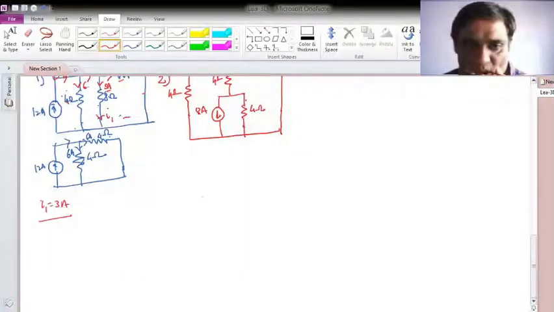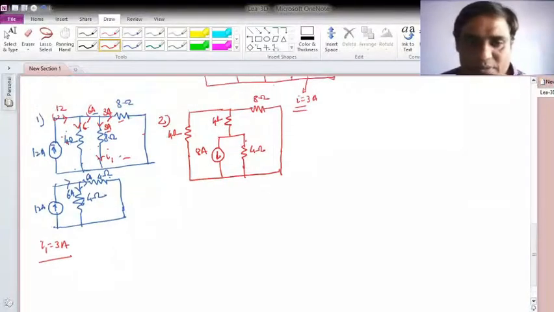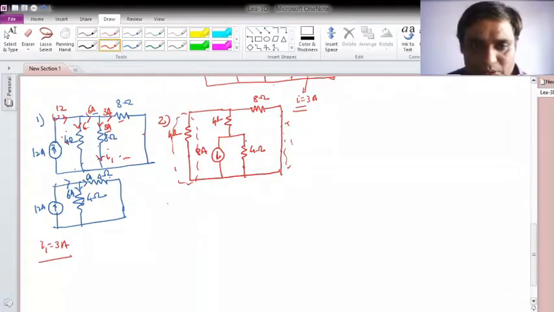Now to solve this, let me redraw it properly. Let me take this 4 ohm and this 8 ohm, which are in parallel. If I redraw the circuit, first let me draw the current source, which is 8 ampere, then in parallel with it, this resistance and this resistance are in parallel form.